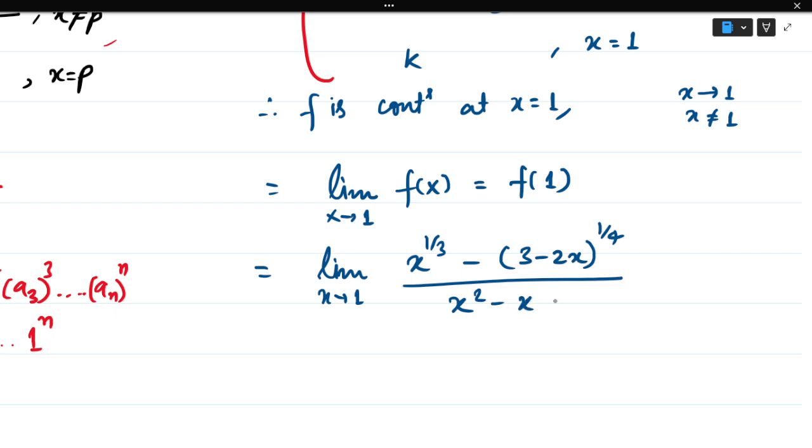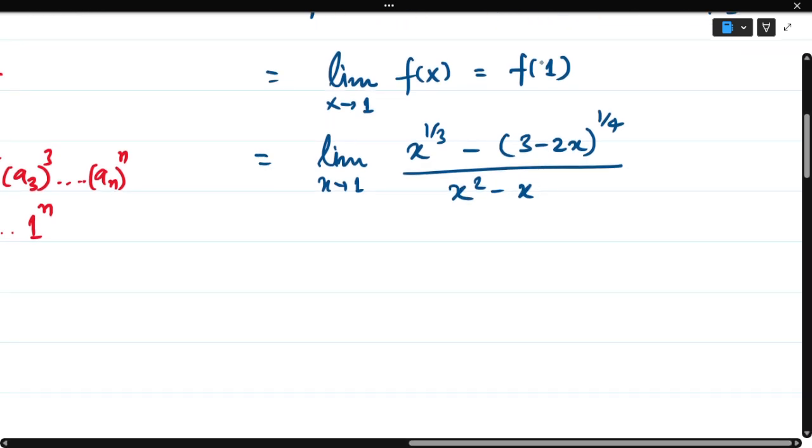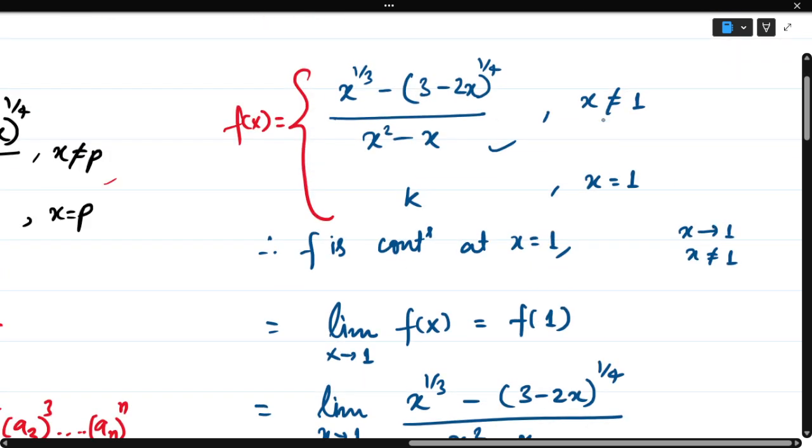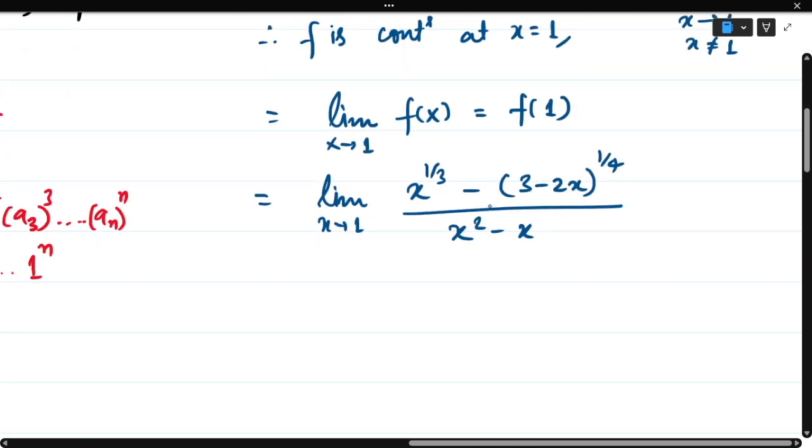Now how to solve this? That's a big deal. And what is f(1)? At x equal to 1, the value is k. So we are finding k, which we require, by the limit as x tends to 1.